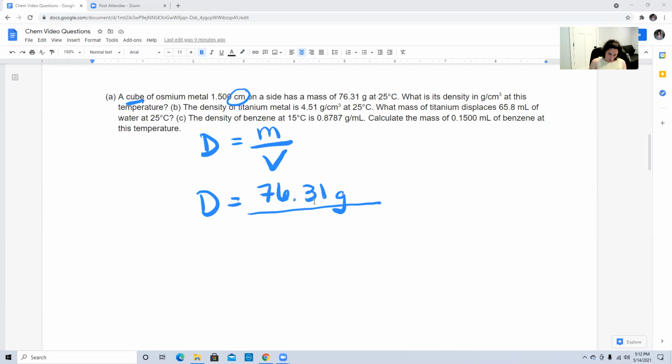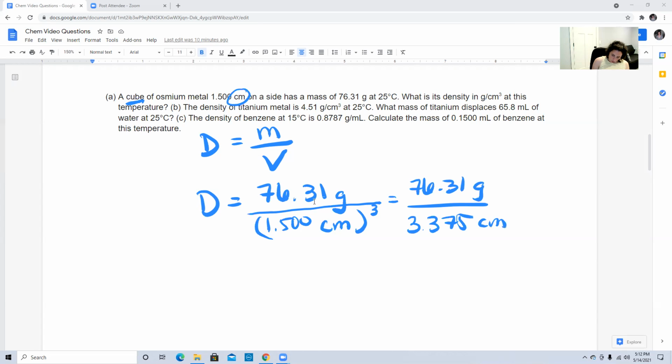So we have 1.500 centimeters. I'm going to use parentheses cubed because I'm cubing both the 1.500 and the centimeters label. So this means we have 76.31 grams over, don't know what 1.5 cubed is, so give me a second. 3.375 centimeters cubed.